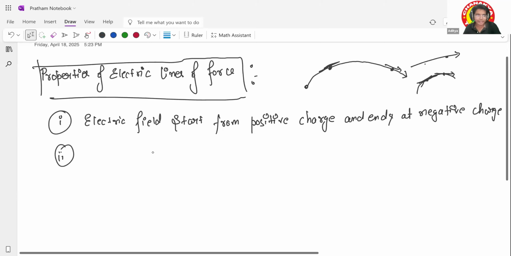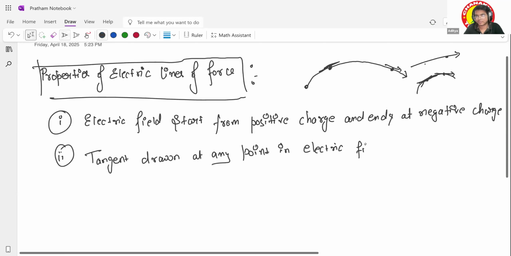So what I can say is that a tangent drawn at any point in an electric field provides you the direction of the electric lines of force.